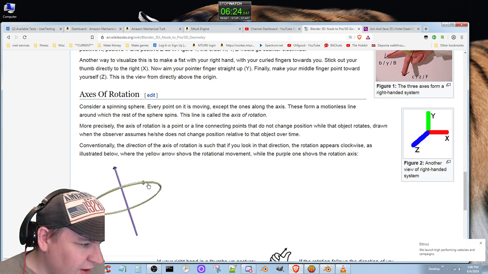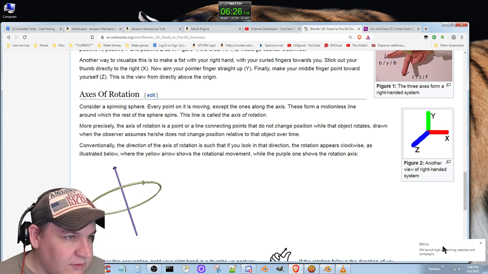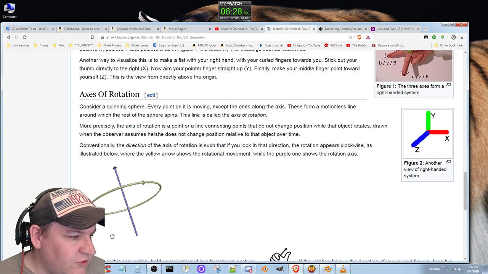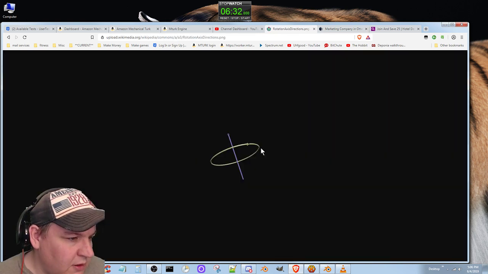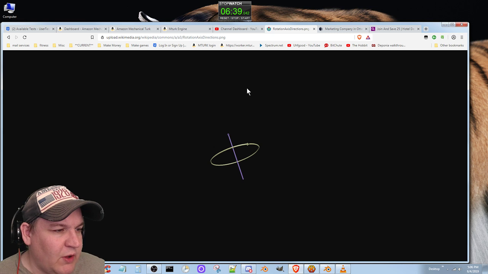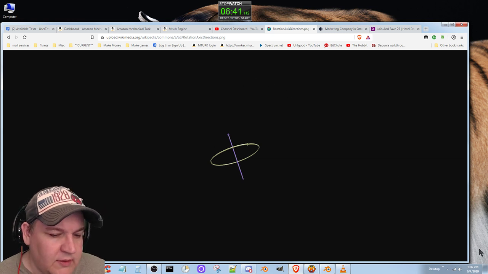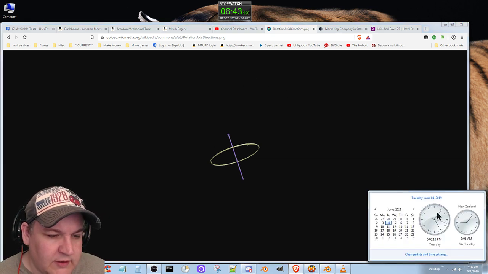And actually, if you look at this arrow, it's not showing it clockwise. Like if we hold it up to a face, right? Yeah, see this? Clockwise is that way. It means rotating it to the right.